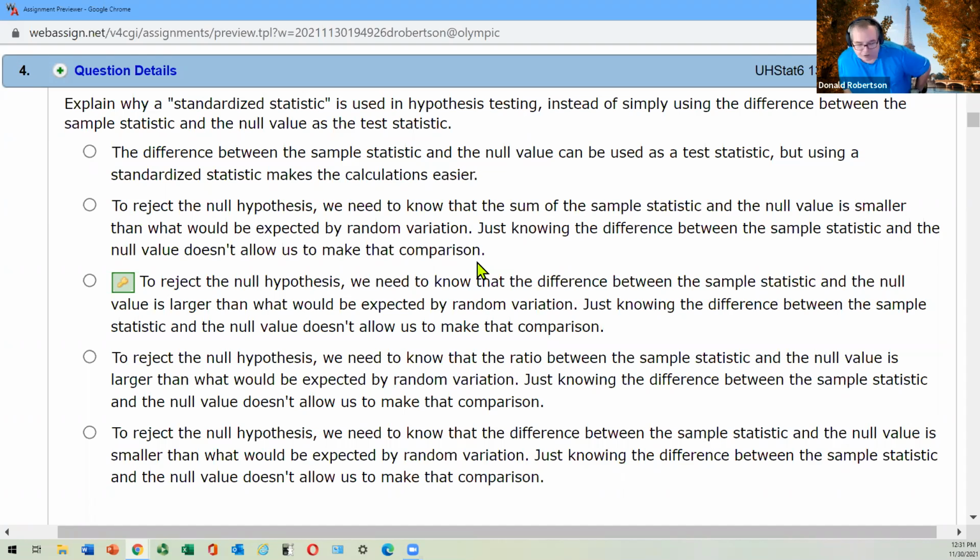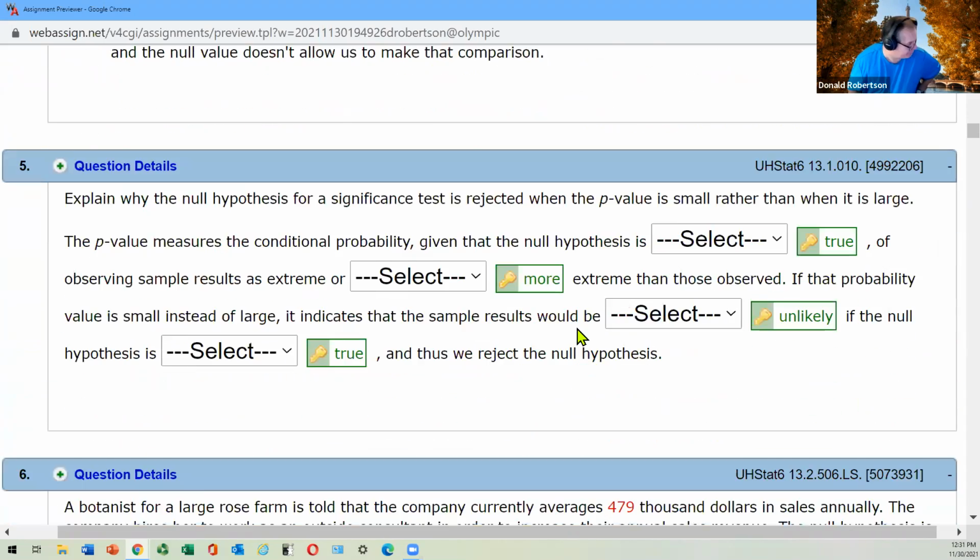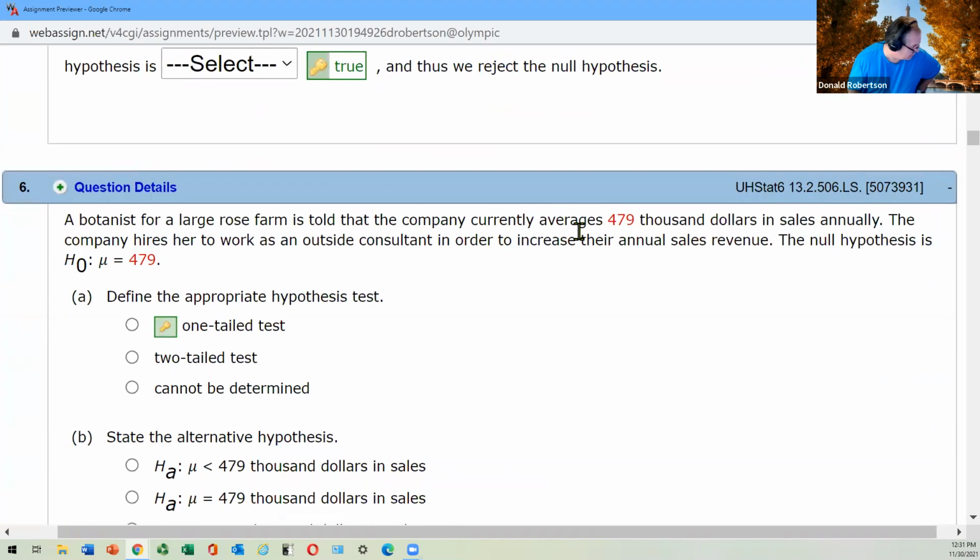The main reason we don't do that is that it doesn't take into account the variation. Would you agree that if you got a 2-inch difference and it was only 20 people you asked, that would be less significant than if the average was 2 inches and you did it with 1 million people? Can you imagine that the sample size that you got your data from is important in deciding whether that difference is significant or not? So that's essentially what that's about. And I'll let you do that one.